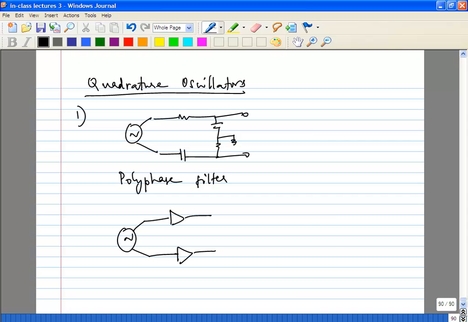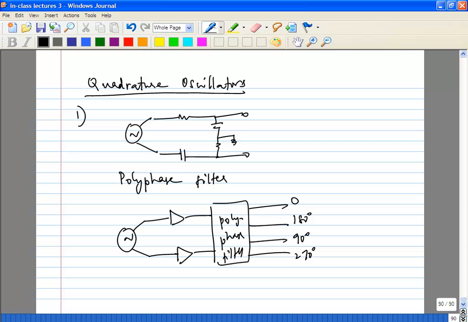And quite often you might have to drive a long line to end up at the mixer. So you will always want to have buffers. And then you would have the polyphase filter, and this will be your I and Q differential.